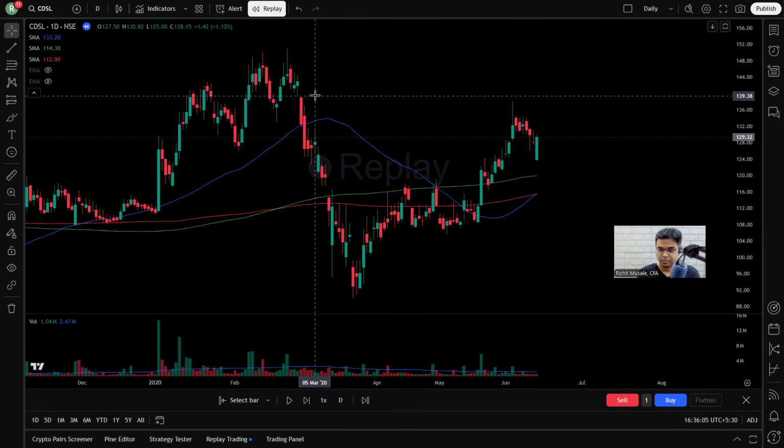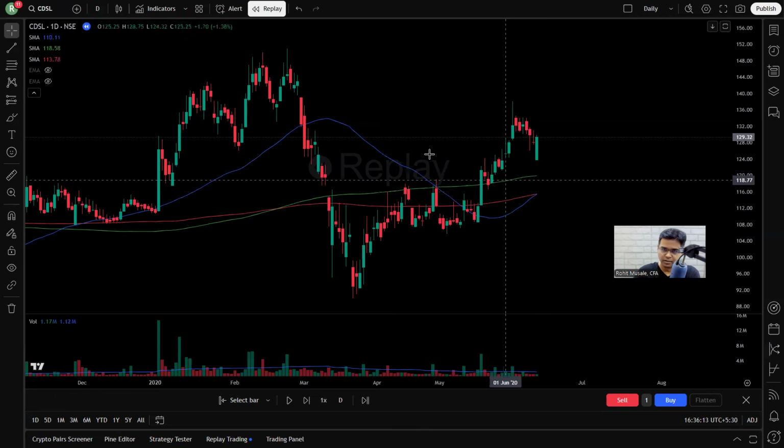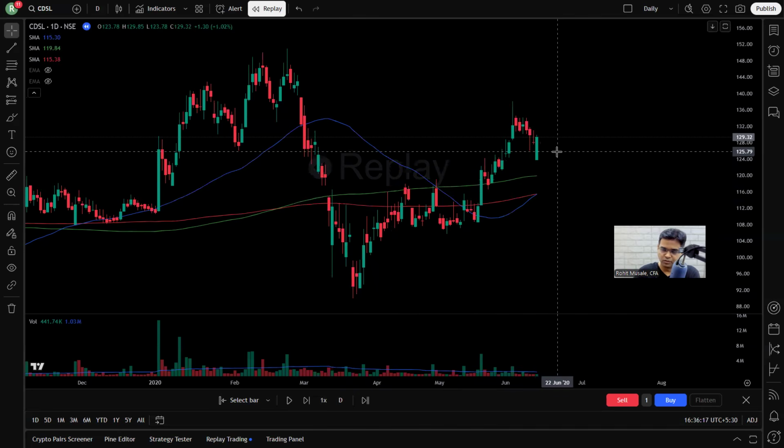And by the time it happens, probably the blue line will move above the red and the green is already starting to move above the red. By the time it closes the window, probably the blue line already would have moved above the green line. So now you will have blue, green, red, and the price above the three moving averages. Moreover, all the three moving averages would be sloping up.